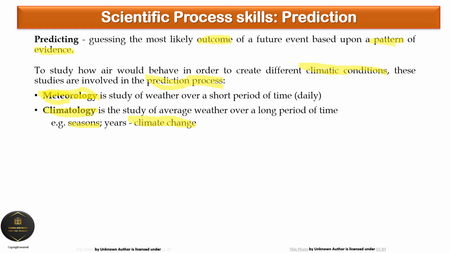One has to, in a way, use the prediction scientific process skill. And some of your examination questions expect you to use all of these scientific process skills for you to pass your exam.